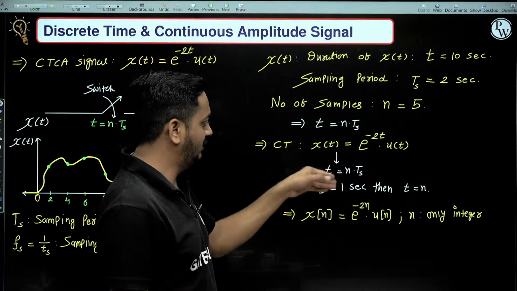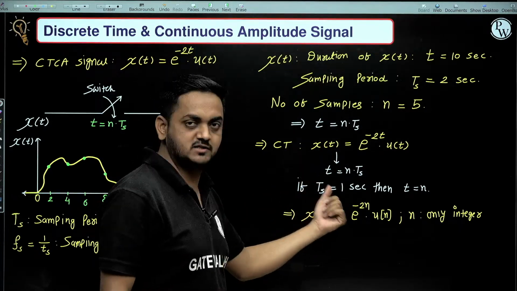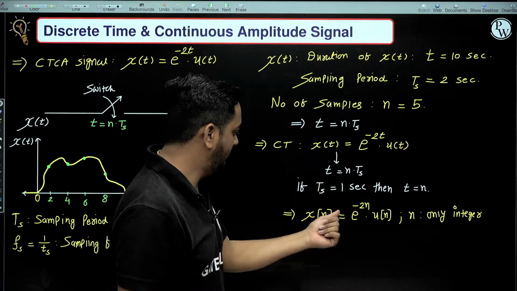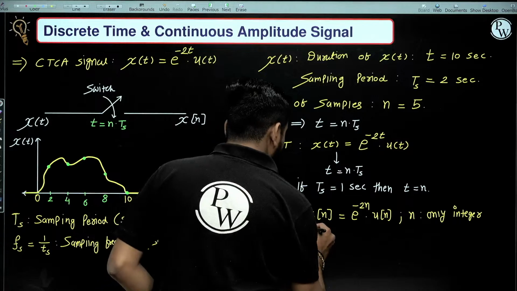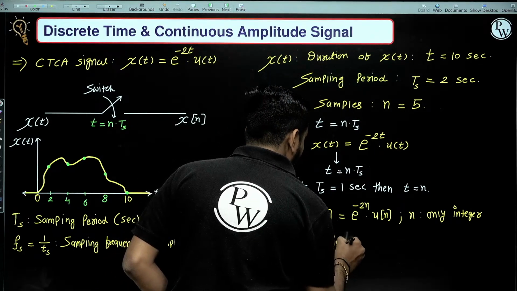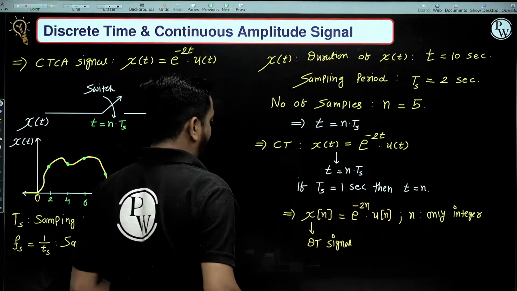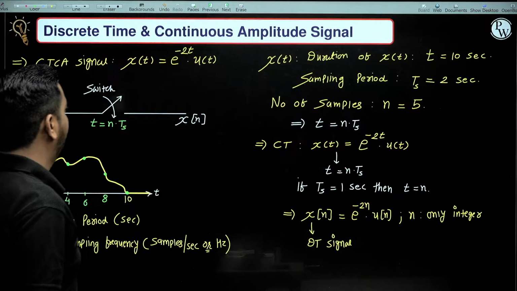But after the sampling process, if you replace t with nTs, and Ts equal to 1 second for simplicity, then x of n equals e power minus 2n into u of n. This is the discrete time signal, and in this the independent variable is n on the x-axis, and n takes only integer values.